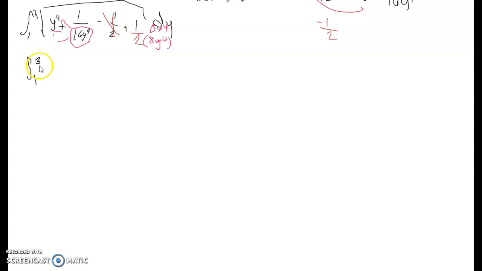So we have 1 over 3 times the square root of 16y to the 8th plus 8y to the 4th plus 1.